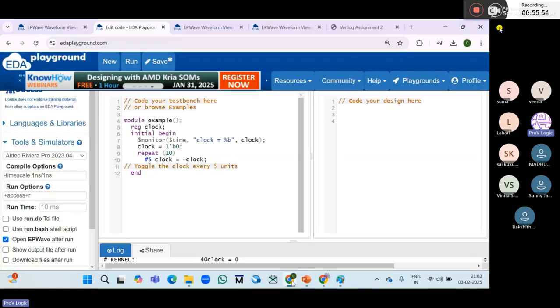Okay, fine. So now we'll check how to design a flip-flop. What are the different types of flip-flops? SR flip-flop, D flip-flop, JK flip-flop, T flip-flop. We already saw why we get the invalid condition in the SR flip-flop, how to avoid the invalid condition, and how we get a D latch.